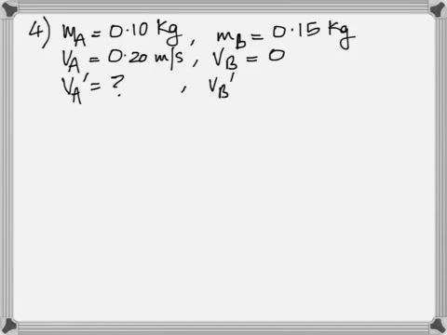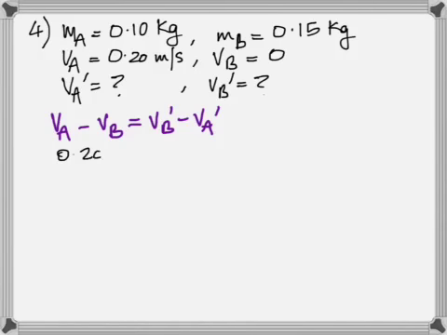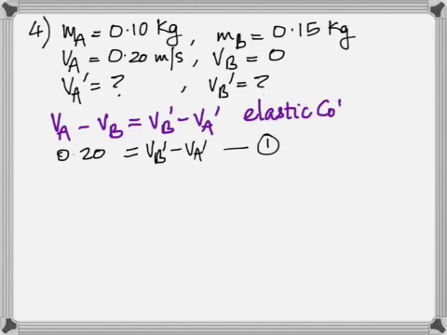And you have to find v prime A. We do not know v prime B. We do not know the velocities of both. But since it says it's an elastic collision, we can use this formula. And plug in the numbers. 0.20 minus 0, of course, is equal to v_B prime minus v_A prime. Again, remember, it's an elastic collision, and that's why we can use this formula.